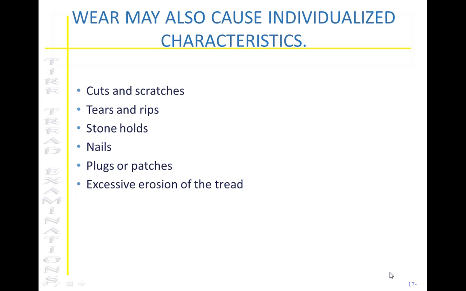And wear may also cause individualized characteristics. The tires can pick up a lot of cuts and scrapes or stone holes. Things of this nature are going to be more your individual characteristics when we talk about tire tread examinations.